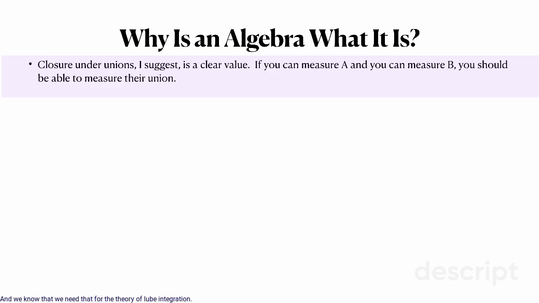And we know that we need that for the theory of Lebesgue integration, right? Not just is it a feeling, but it is something that we more or less must have in order to make good on the Lebesgue integration project. But also when you're thinking about more general measures and more general integration, you take the example of counting measure, probability measure, or Dirac measure, or just about anything that seems like a measure, it seems like it ought to have this property.